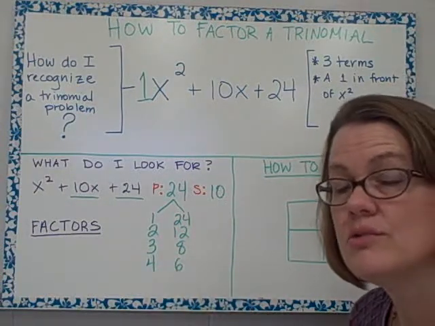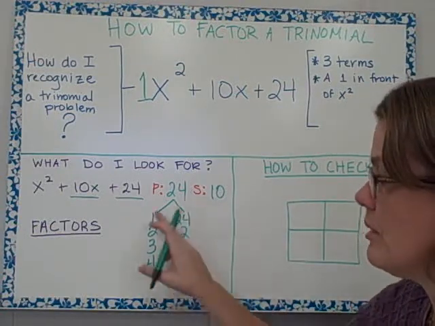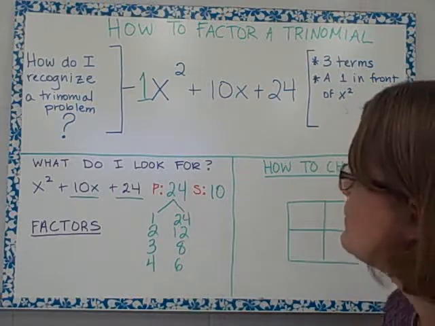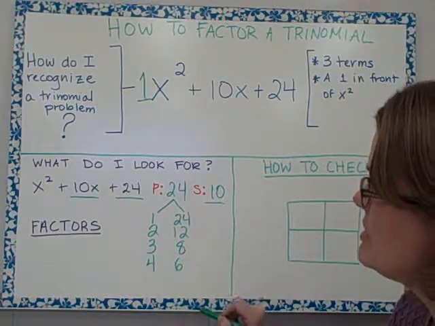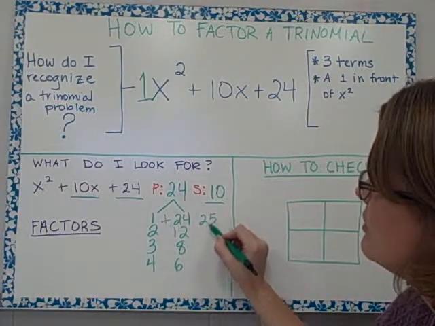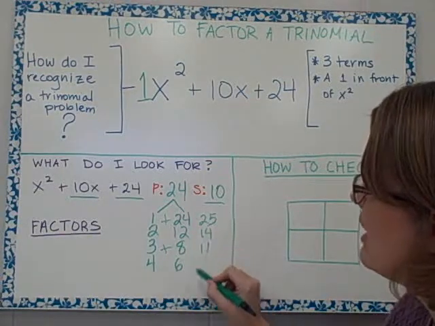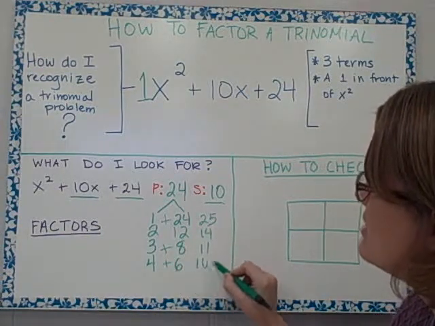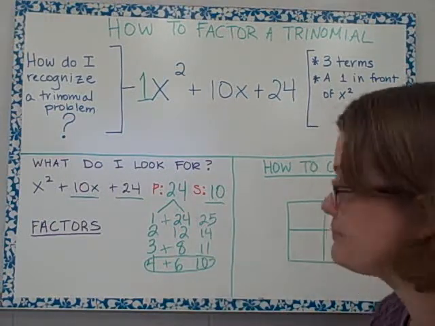If I need to, I can use my calculator to take 24 and divide it by different numbers to come up with all the pairs that are possible. The pair that I want is going to also add up to 10. 1 plus 24 is 25. 2 and 12 is 14. 3 and 8 is 11, but 4 plus 6 is 10. That's how I know I found the right pair.